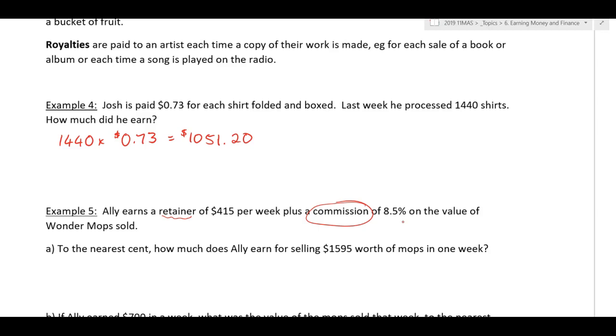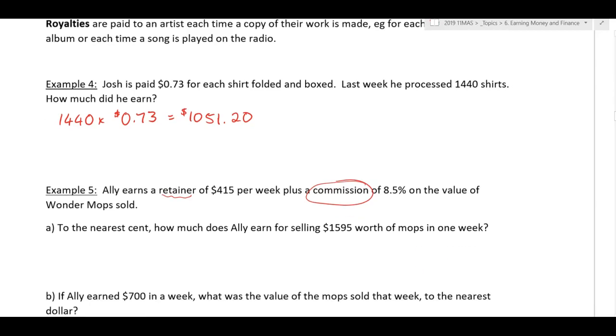Now, let's see what we've got here. Ali's going to earn 415. I'm going to say P for pay. Now the pay is 415 plus the commission. Now, 8.5%, we divide that by 100 to get 0.085. That's 8.5% times the sales of 1,595. So our retainer plus the commission.